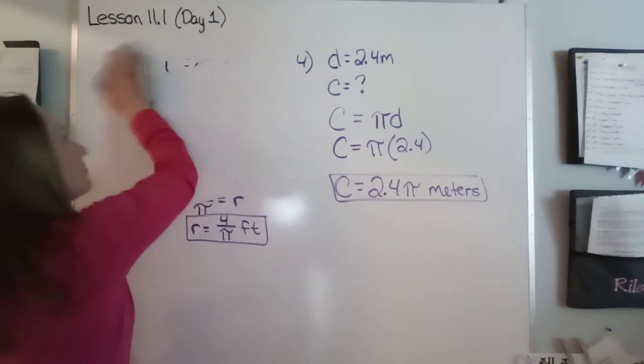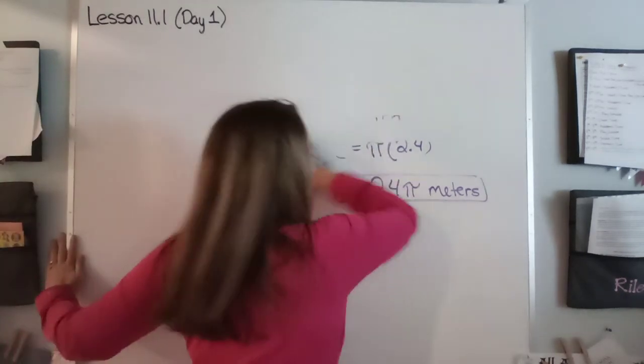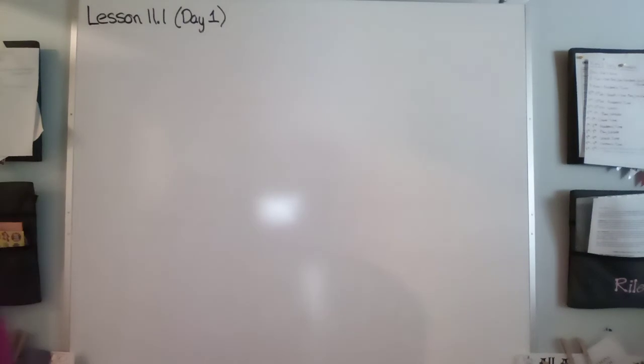So now we're going to move on and talk about arc length. Hopefully what I just did was review. You guys have seen the circumference formula in previous math courses, but you may not have seen arc length yet.